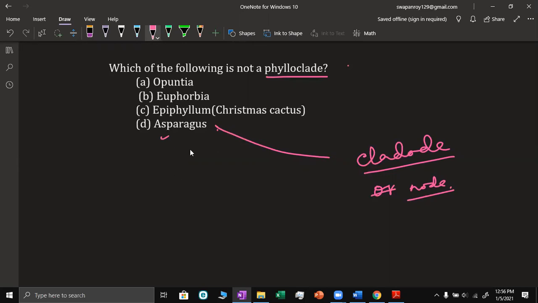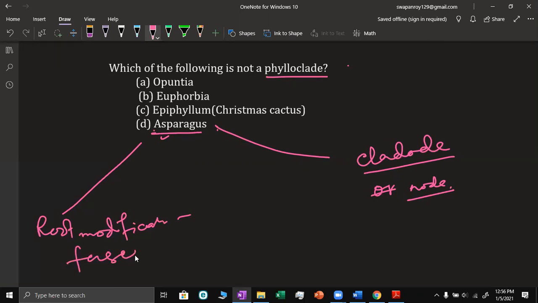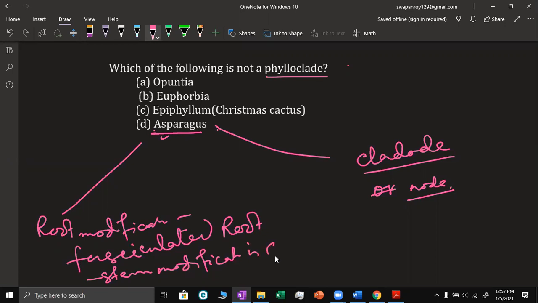In asparagus, the root modification is fasciculated root, and the stem modification is cladode.